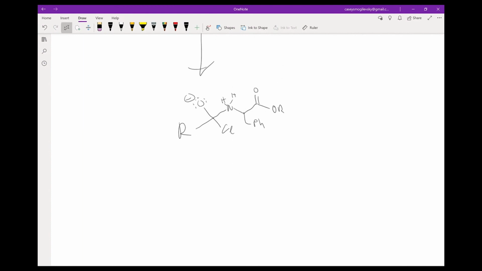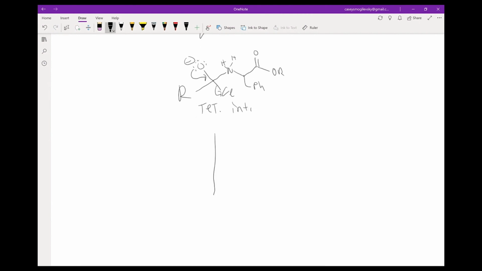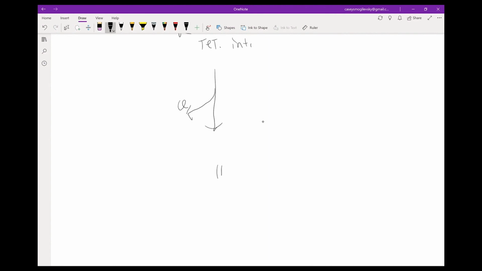Now we can pull the electron density back down and kick off the chlorine as chloride, a very, very good leaving group. We're also going to do some proton transfers after that, to get the charge back off of this amide nitrogen right here.